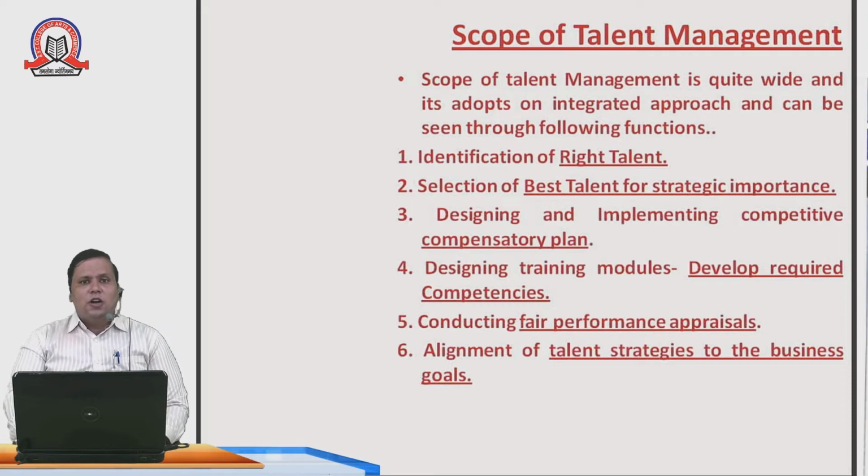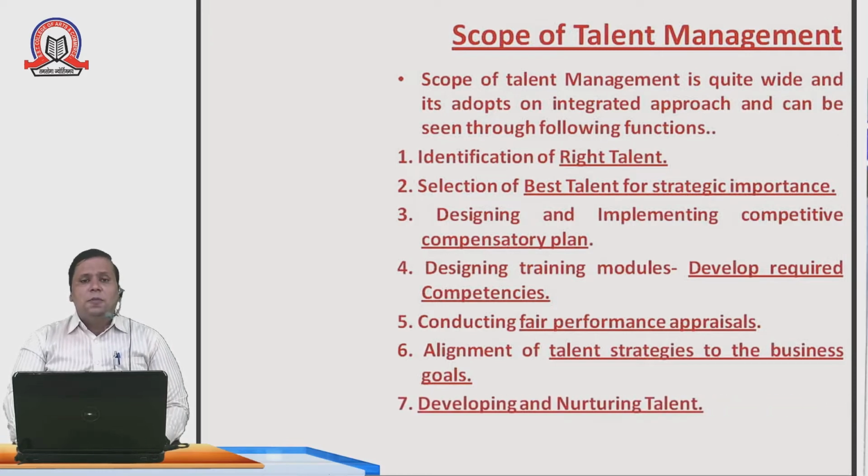So whatever we do is for achieving business goals, because if business goals are not achieved, from where will the revenue be generated? And if revenue is not generated, all the other plans, the compensation plan, the salaries, the perks will be lost. So it is very important to align the strategies to business goals.